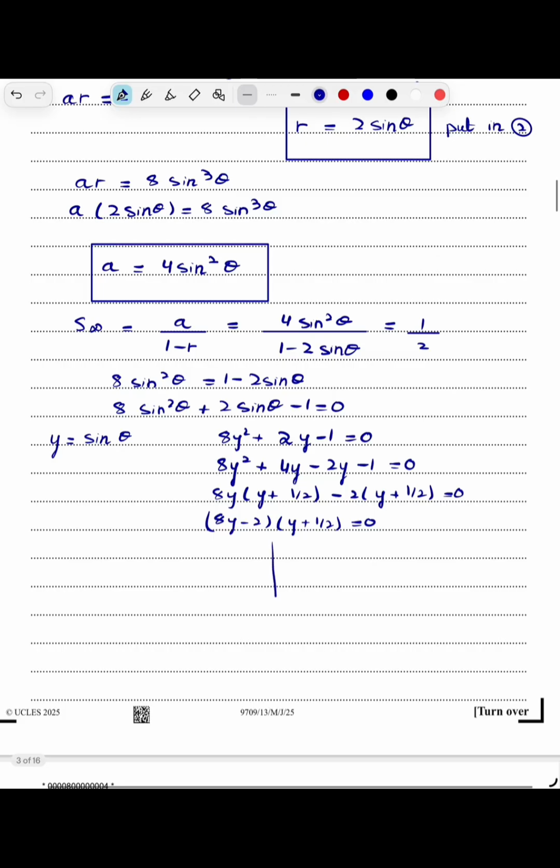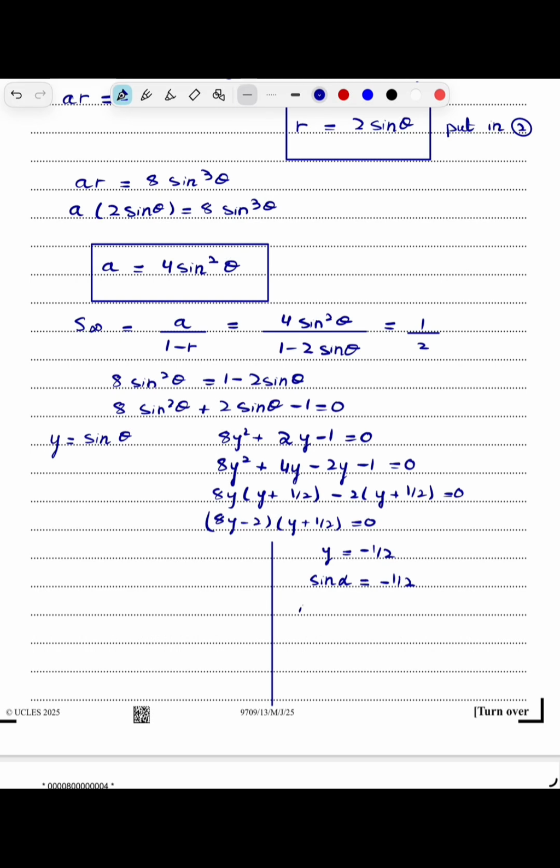So we have two possibilities. One is that y is equal to minus half, and actually this is going to be an invalid solution, because we need the angle to be an acute angle, right?